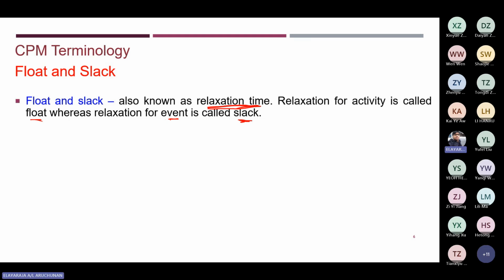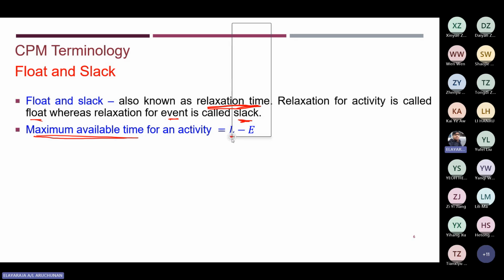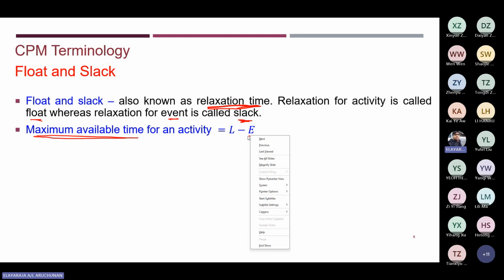Let's see all the formulas we use for float and slack. First thing is you should understand the maximum available time. How are you going to calculate the maximum available time? It's very simple. To calculate the maximum available time for one activity, you can use the formula: latest finishing time minus earliest starting time.